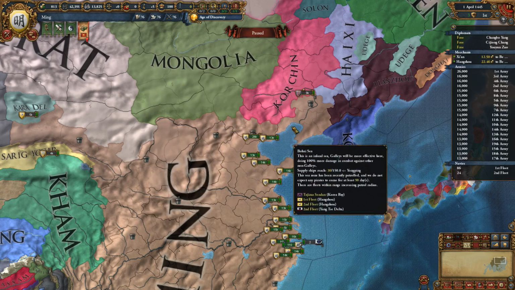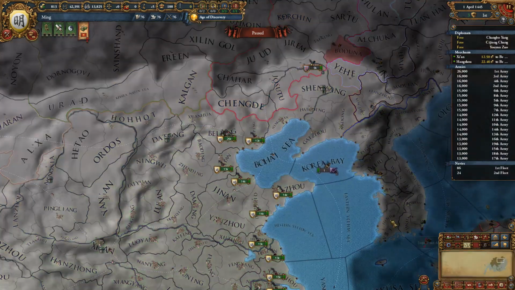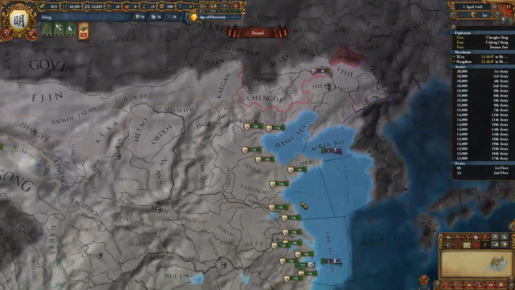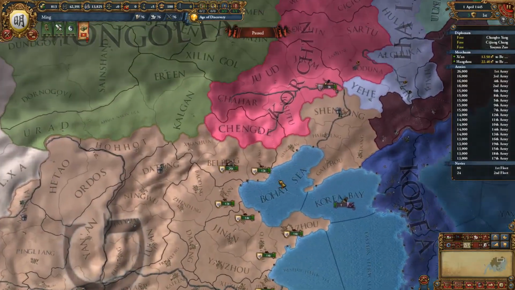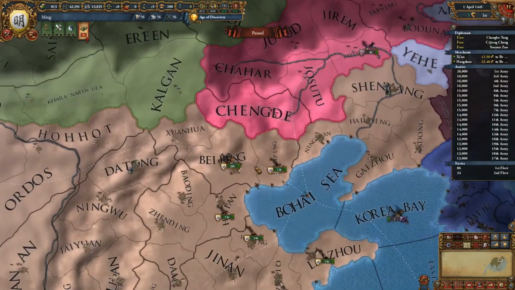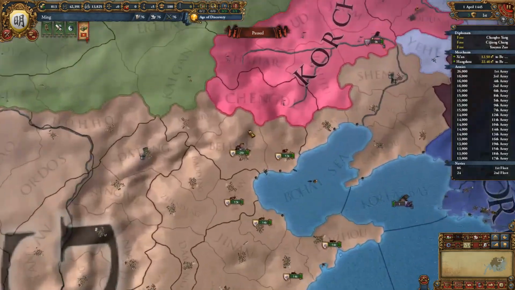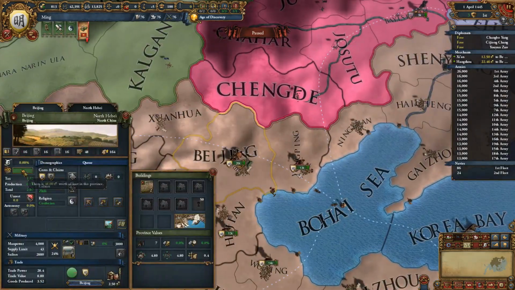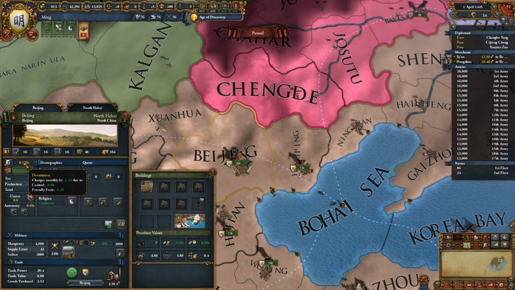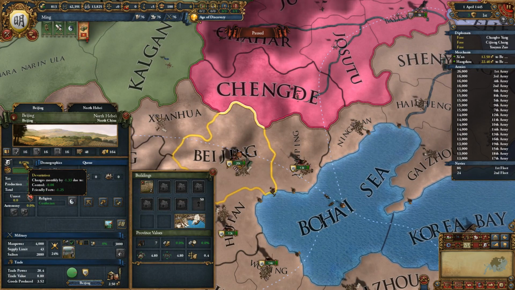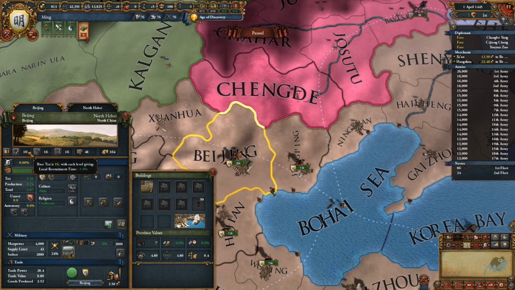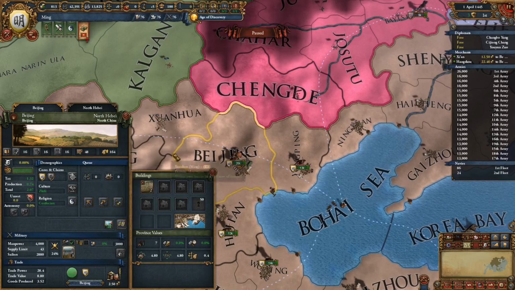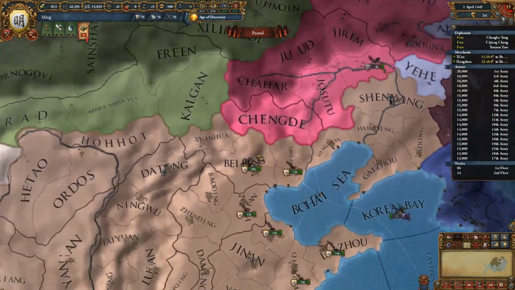The other part is that if they get devastated, and to demonstrate, it's kind of hard to demonstrate because the events fire somewhat slowly, but I'll maybe just explain real quick. If a province reaches a devastation level of 12, then every month there is a low percentage chance that the province is going to decrease in development by 3, as long as it has at least 4 development in total.